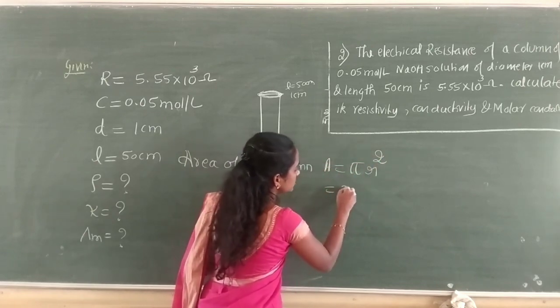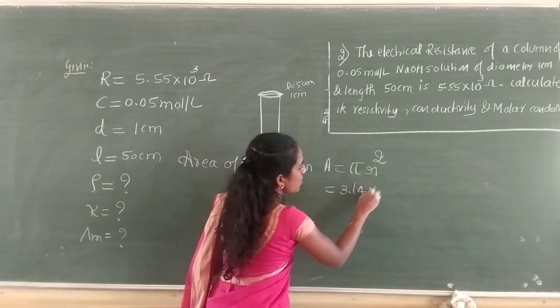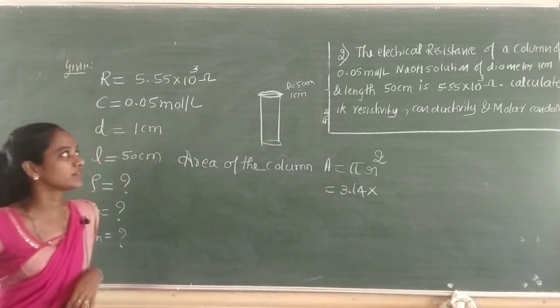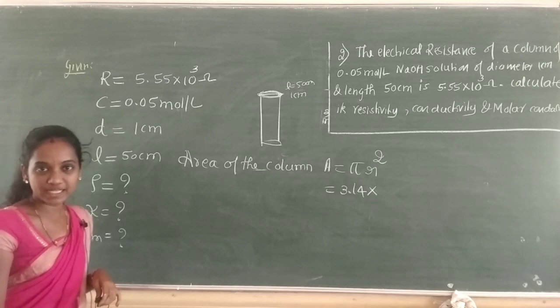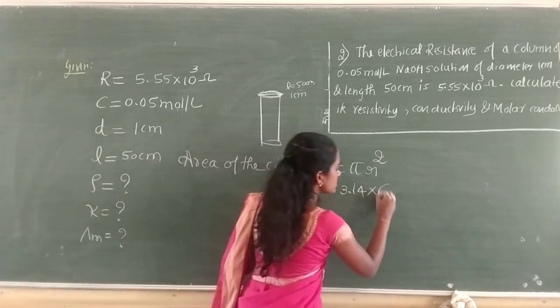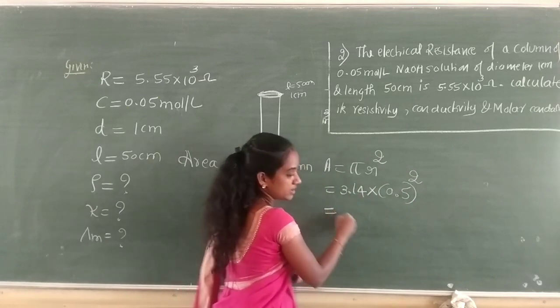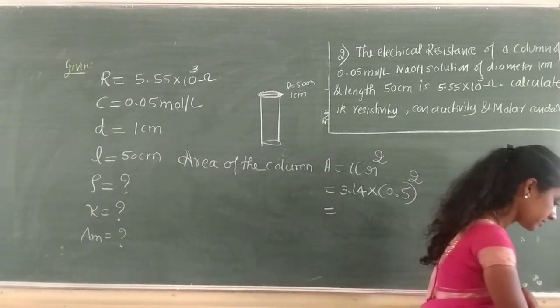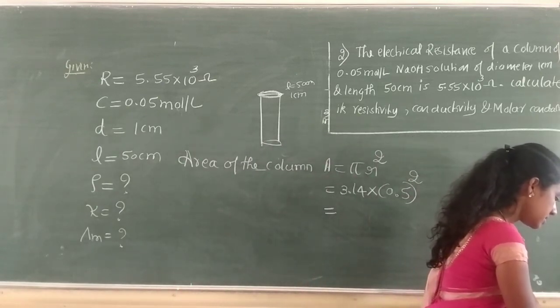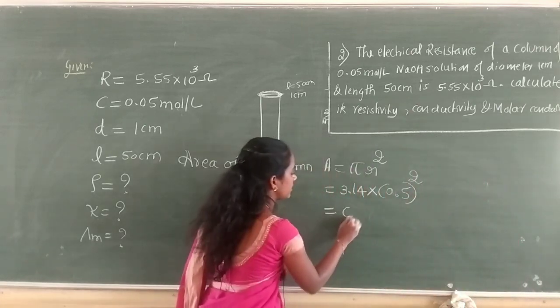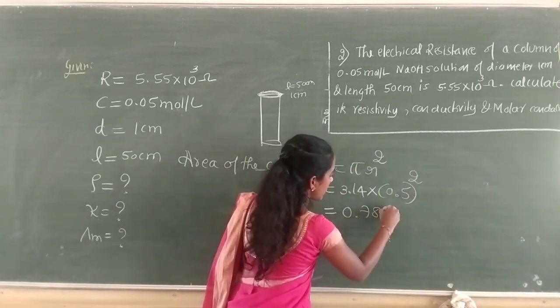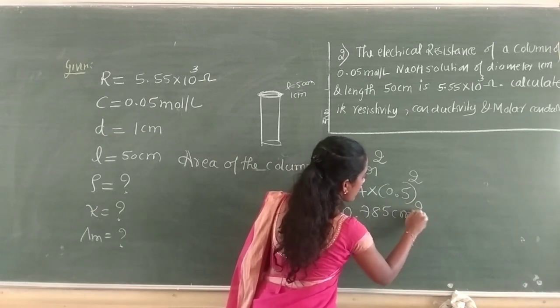So what is the value? 3.14, radius, but diameter is given, it is 1 centimeter. So what is the radius value? 0.5 square. Okay. So the area is 0.785 centimeter square.